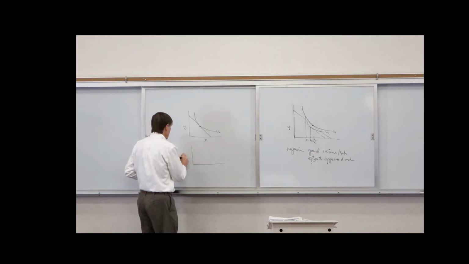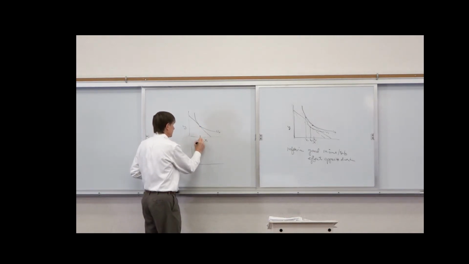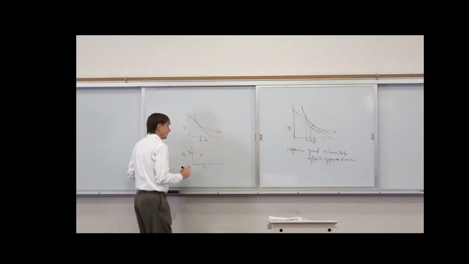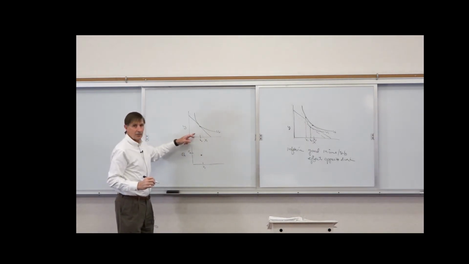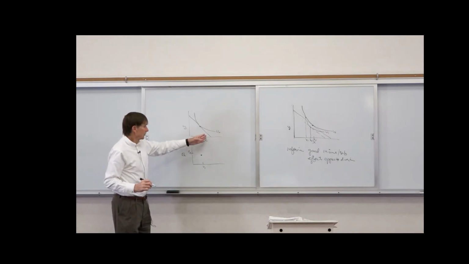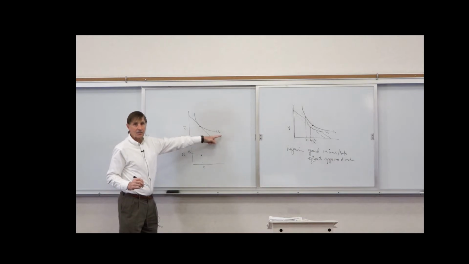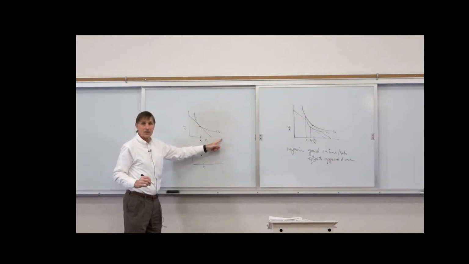Then I could put the price of x here, and what would happen? I'd get x1 here, and that would be some price of x1. Now, if I increase the price of x, then what's going to happen? This thing's going to shift in, right? If I decrease the price of x, this thing's going to shift out.